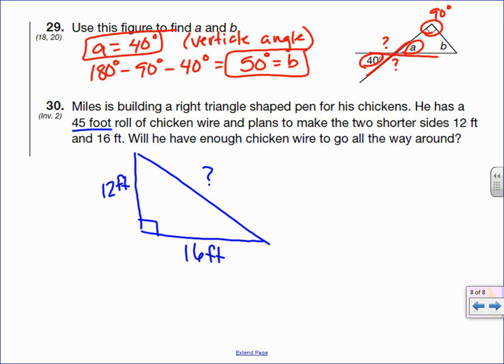So, the Pythagorean theorem says a squared plus b squared equals c squared, and the question mark is c.